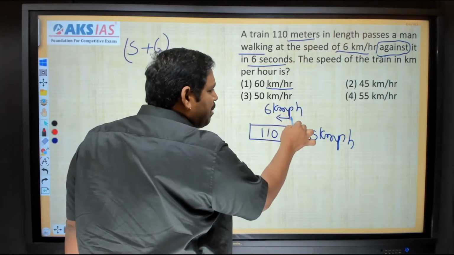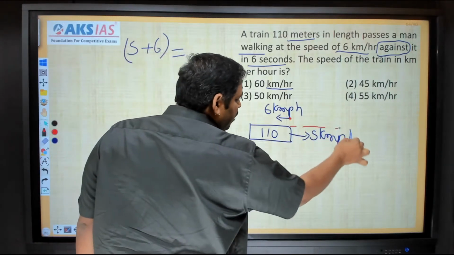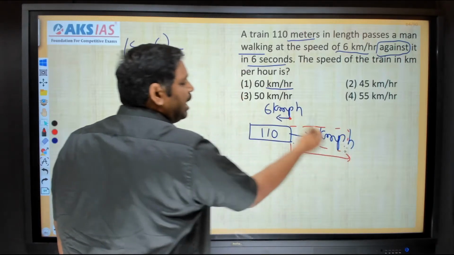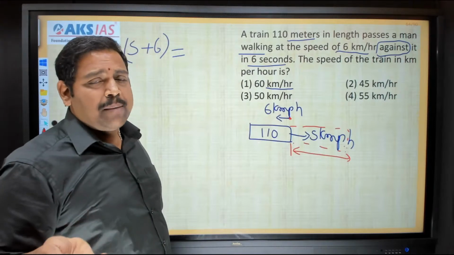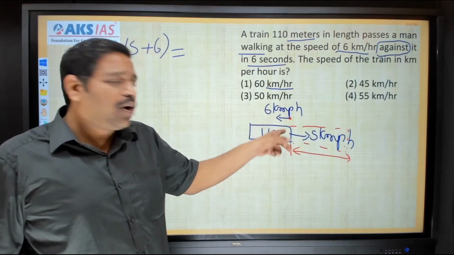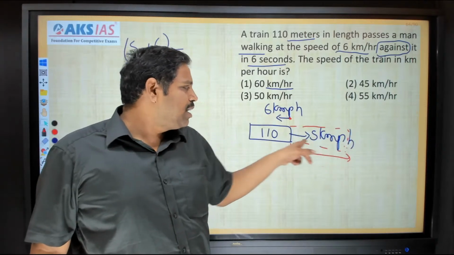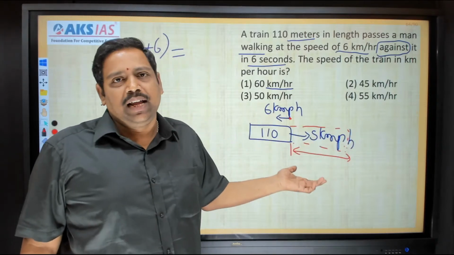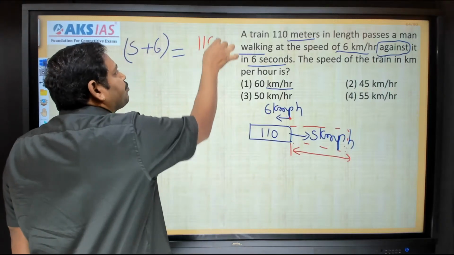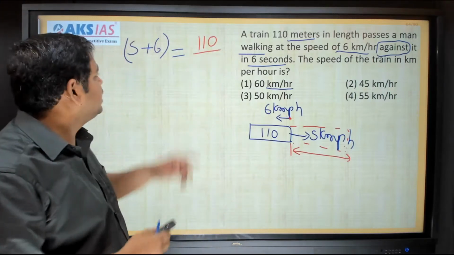Since I imagine the man is also at rest, the train has to come like this. Is it correct? Because I am using relative speed. Relative speed means the man is at rest. Man is at rest means he is equal to a pole. If he is equal to a pole, then simply the train has to cover its length only, right? Its length means how much distance it has to travel? 110 meters. Distance by time.